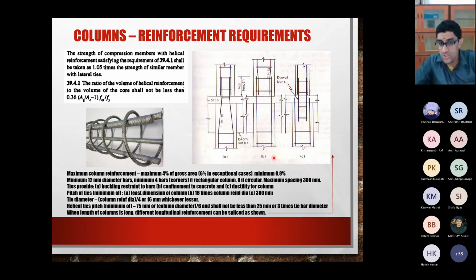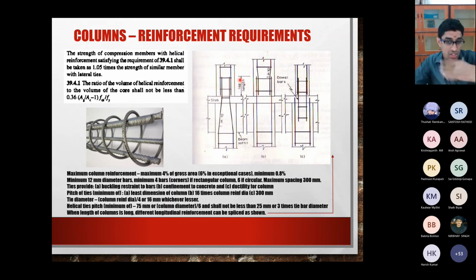There's a column at the bottom and another column on top. You need to lap the reinforcement coming from the top and the reinforcement coming from the bottom in a particular zone, and this lap length also has some requirements.